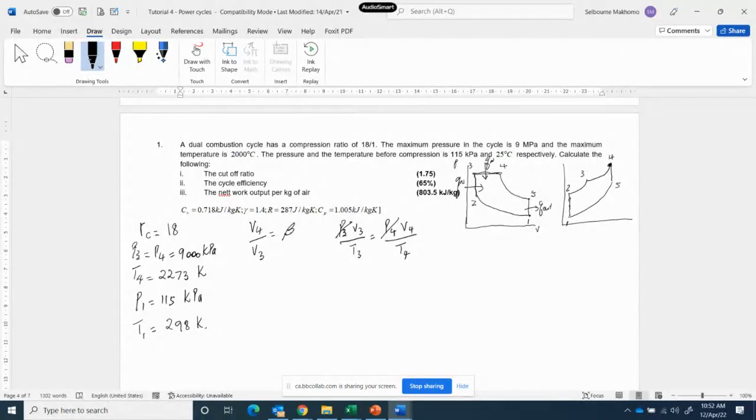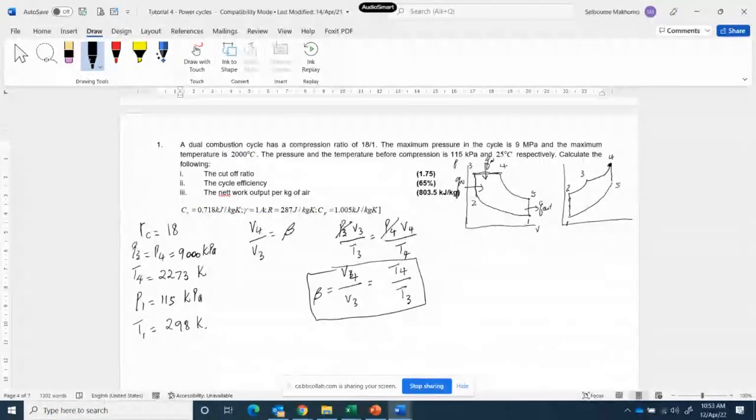So the question says calculate V4 over V3, which is equal to T4 over T3. This is what we are looking for. We are looking for beta, which is V4 over V3, and T4 is given. We have to calculate T3. To get T3 again, we need to work in reverse.